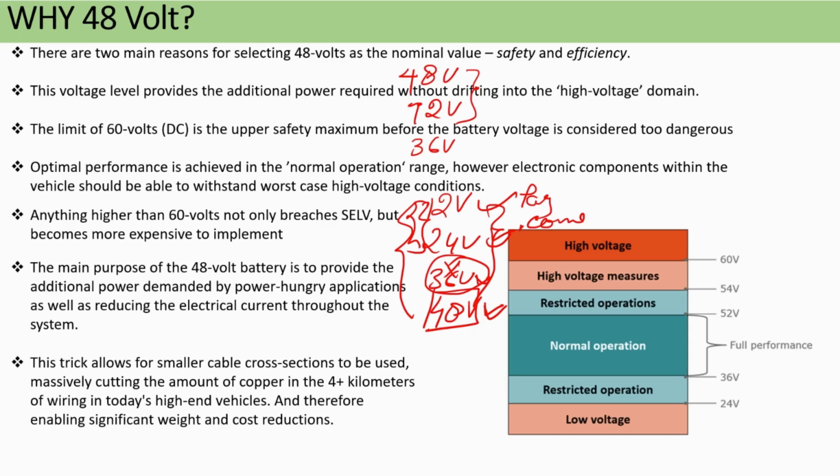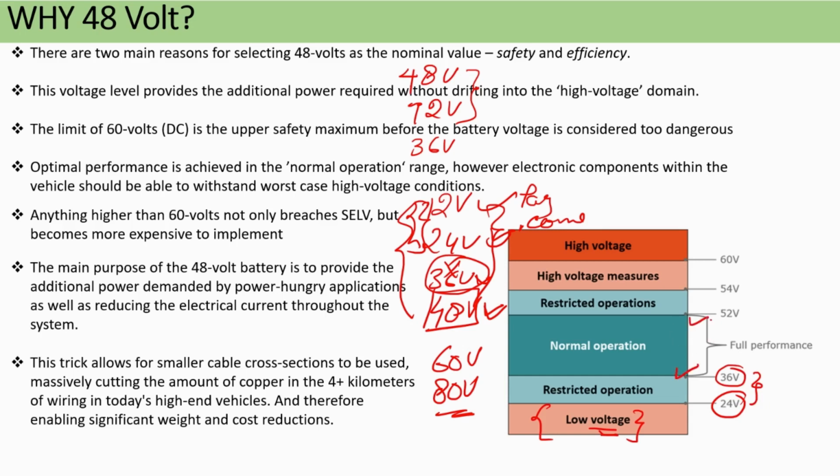I will give the answer why we are using 12, 24, 36 and 48. Okay, so you might be wondering why I am not going to 60 volt, or 80 volt, why only 48 volt. The reason is here. Till 24 volt we consider it low voltage. 24 to 36 volt we call restricted operation.